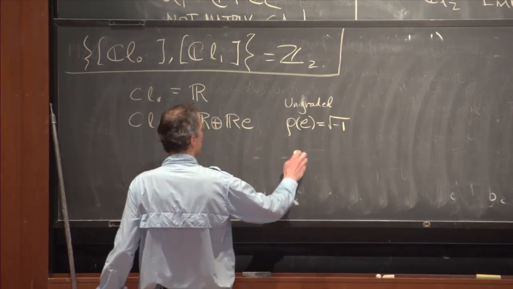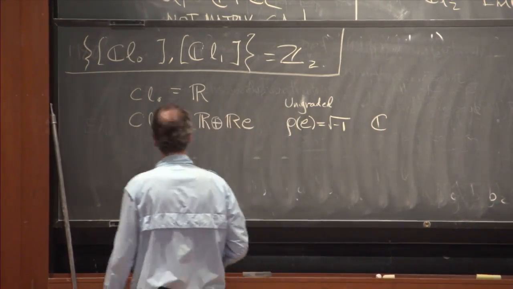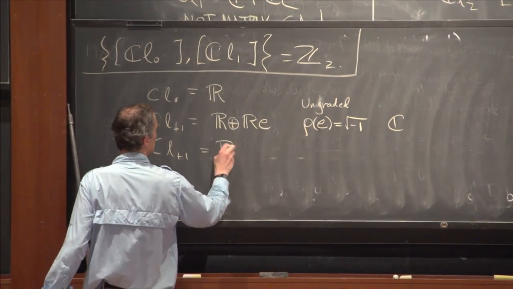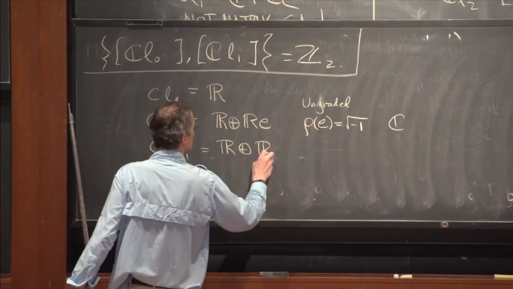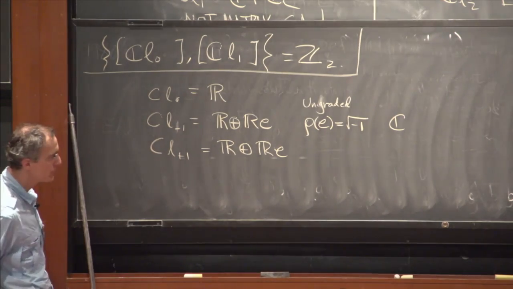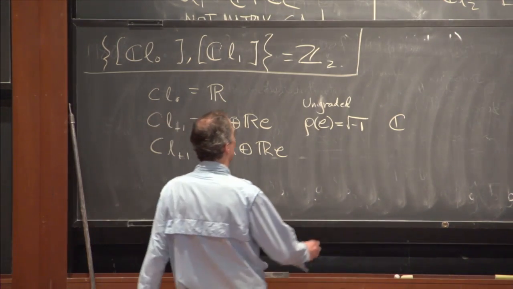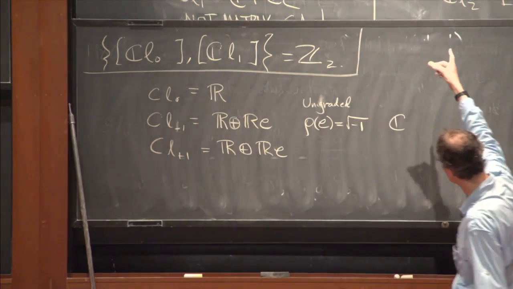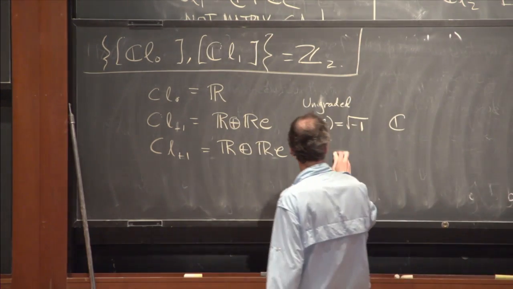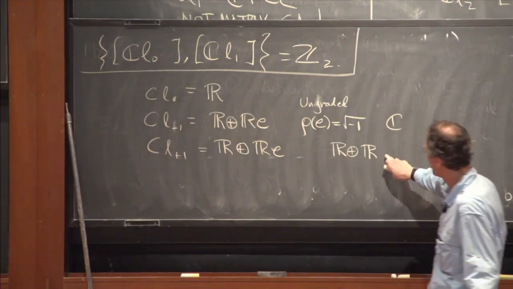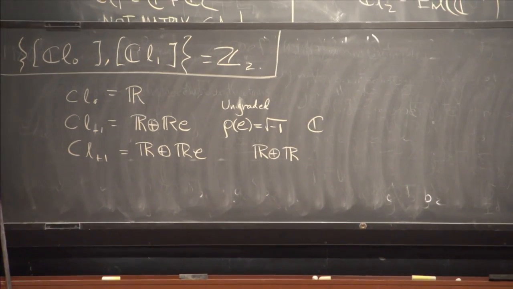But as an ungraded algebra, we therefore just get C. On the other hand, if we look at Clifford plus 1, then now e squares to plus 1. And again, it's an irreducible thing. I can't go further. But as an ungraded algebra, I can do exactly what I did with the complex Clifford algebra. And so I get R plus R. So you see, they're different. They're inequivalent real algebras.